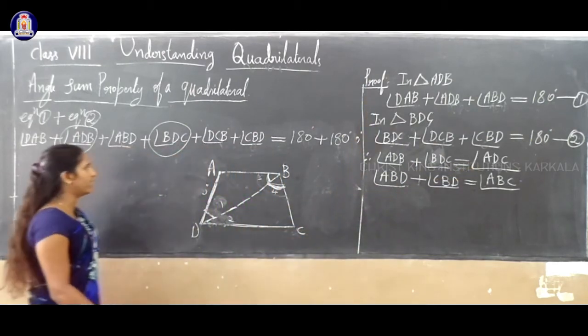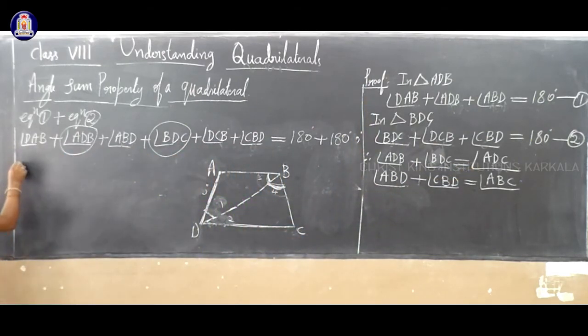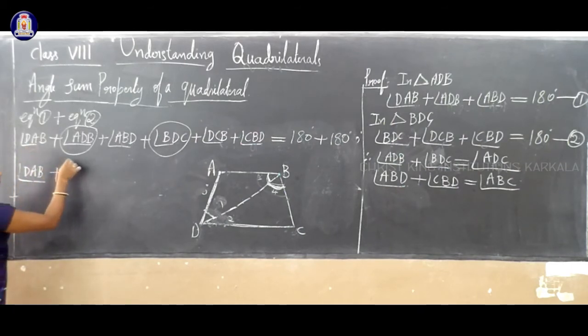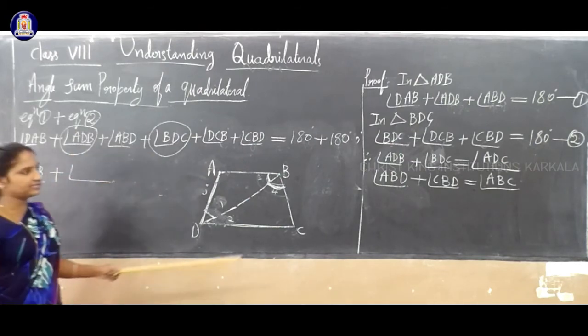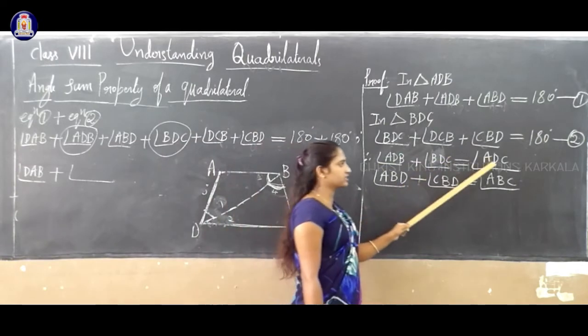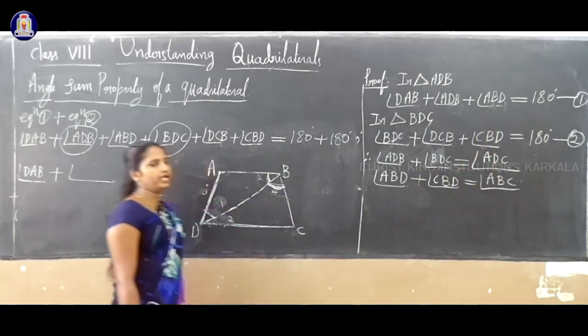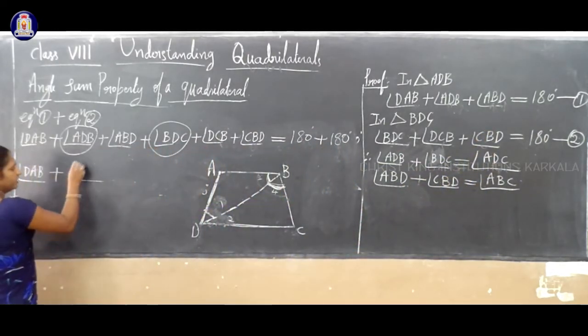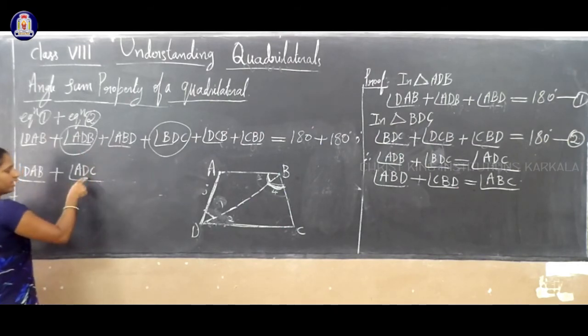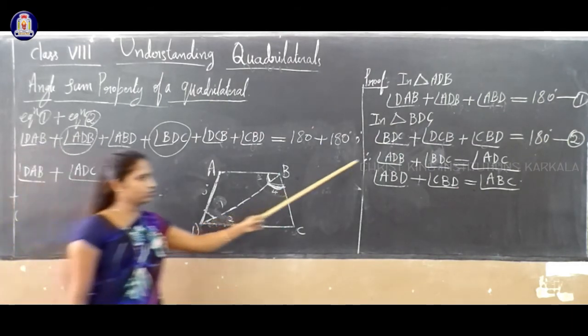So this is DAB as it is, plus these two angles together we write as angle ADC. Clear? Sum of these two.